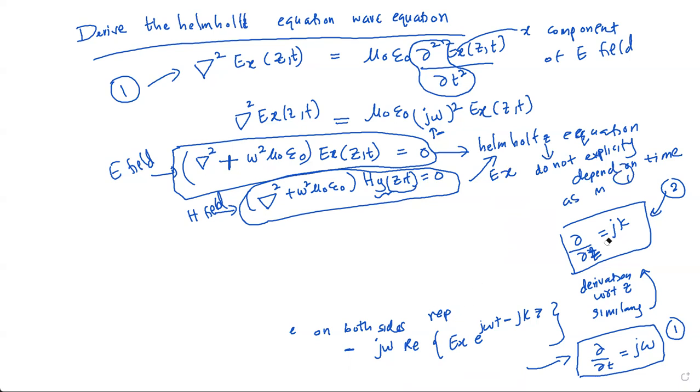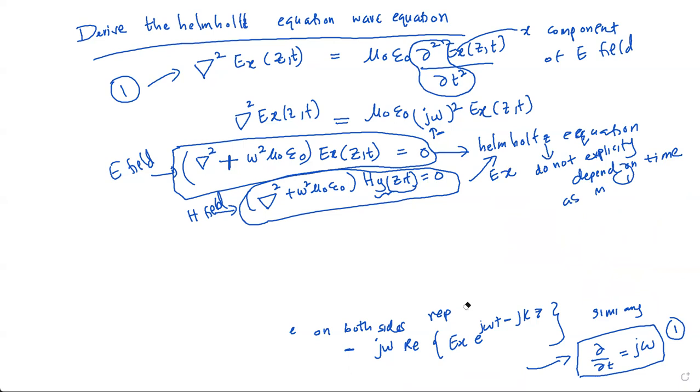In equation number 1, we had a section where we have the explicit dependence of the electric field on the second derivative with respect to time.